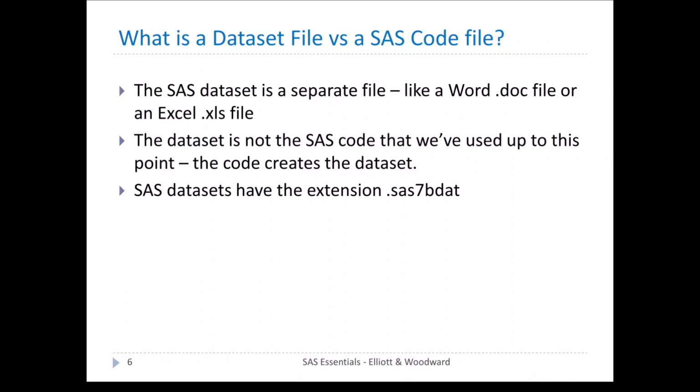SAS code is that ASCII file we've looked at earlier that you could read in any editor like Notepad. But a SAS dataset, which has an extension .sas7bdat, is a particular kind of file that we can't read with a regular editor because it contains not only the data, but all sorts of other things related to that data.